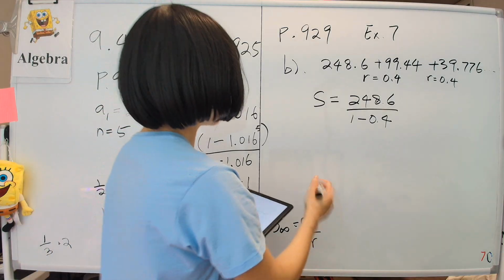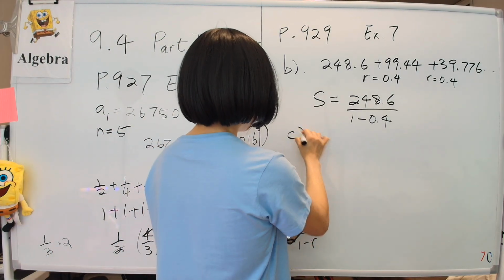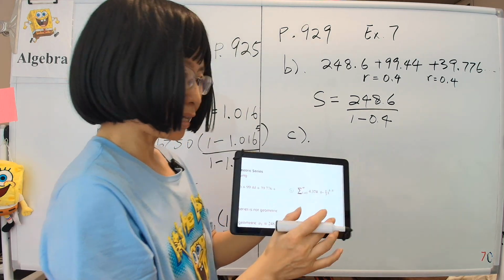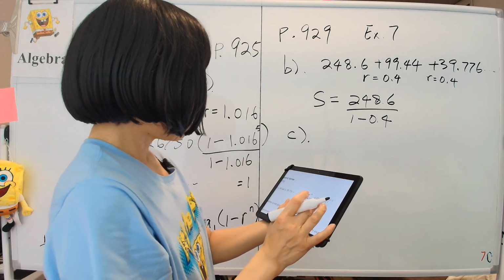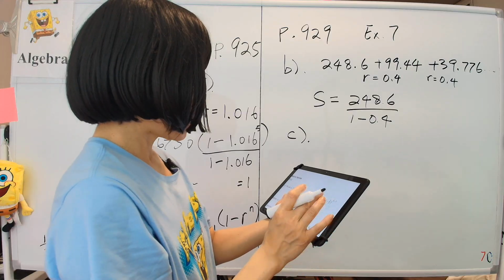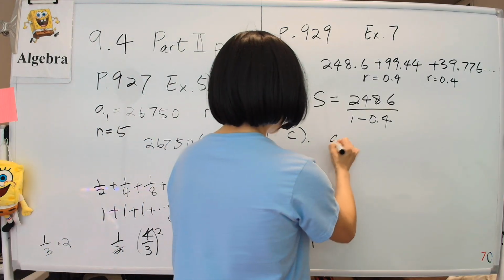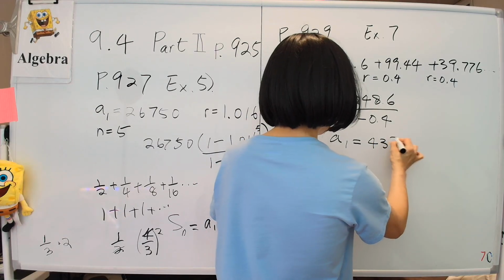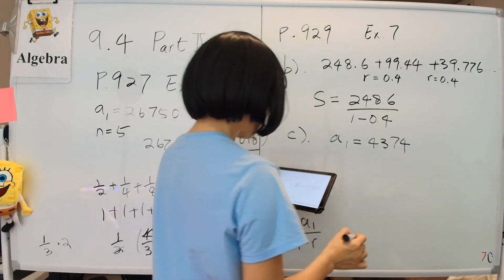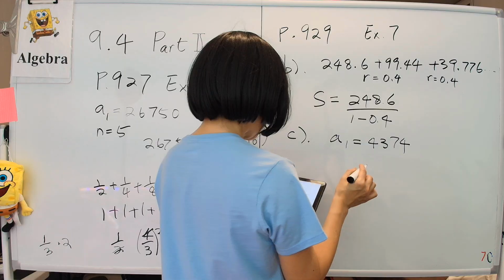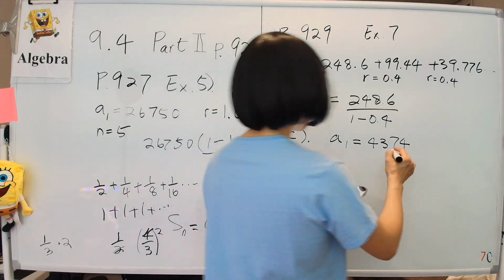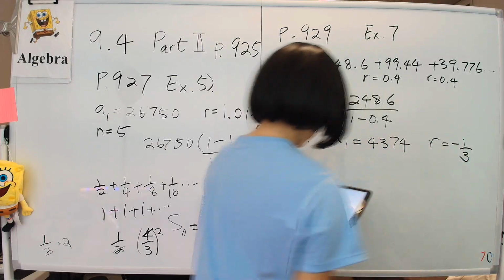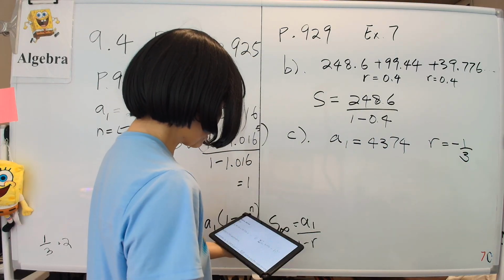For part C, A1 is when k equals 1. If you plug in k equals 1, A1 is that number there. That is A1 equals 4,374. And R is -1/3. All right, so that's it.